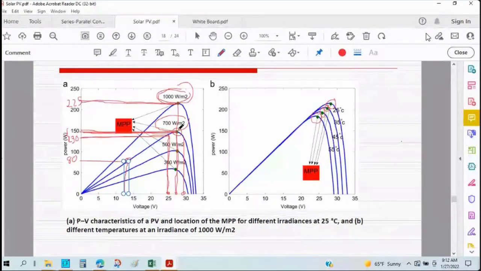At 12 volt, we get only 80 watt. So how much power are we losing? 150 minus 80.